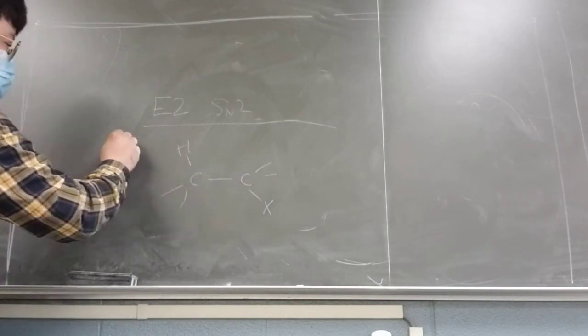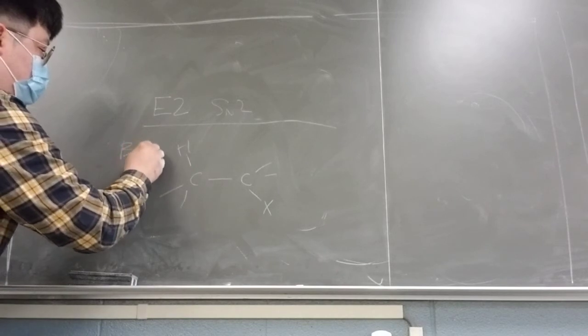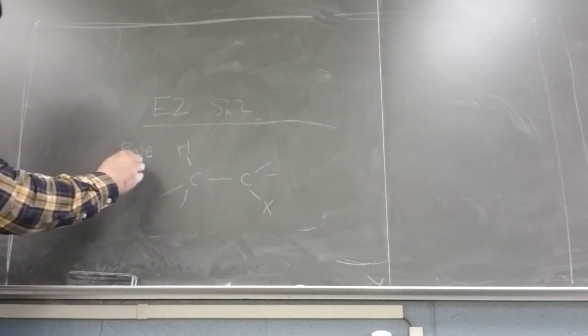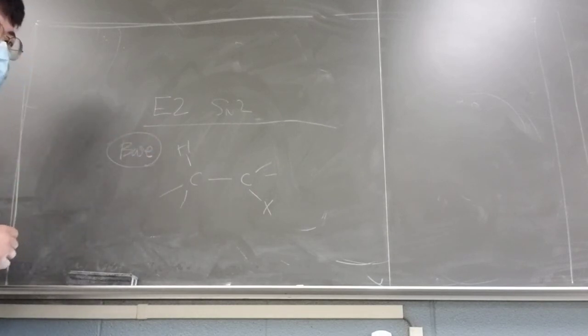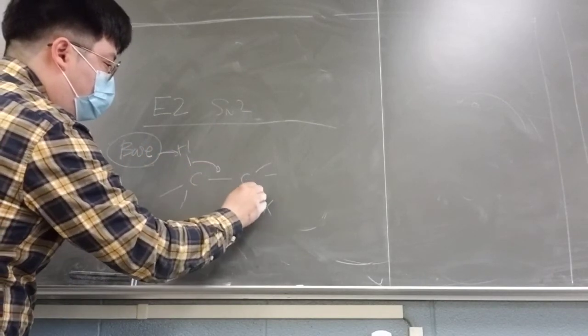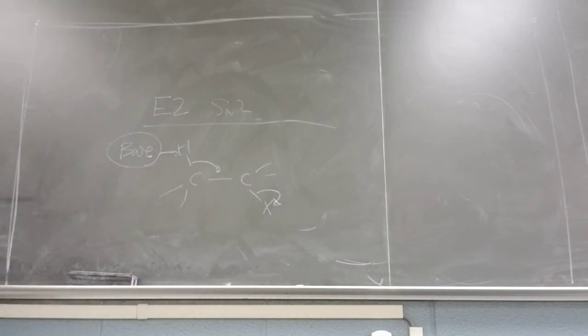So this is maybe the base. In E2, your nucleophile will most likely be an actual base, like OH minus. And then it goes there, happening almost at the same time, like SN2.